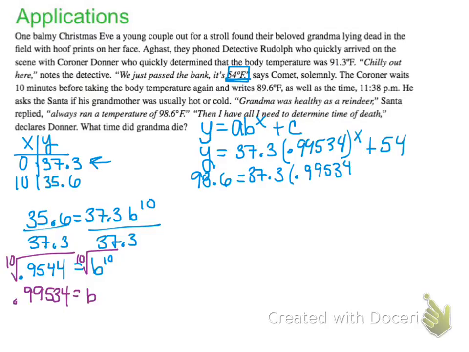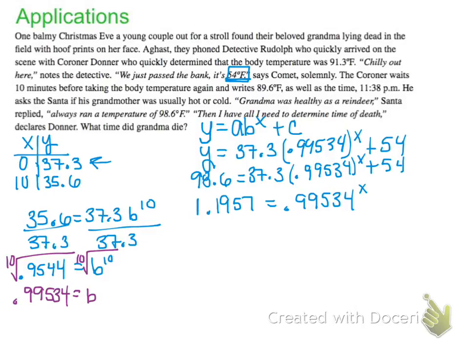So I'm going to subtract the 54 first and then divide by the 37.3. Like I said, I subtracted the 54 and divided by the 37.3 in that order, and I got 1.1957.